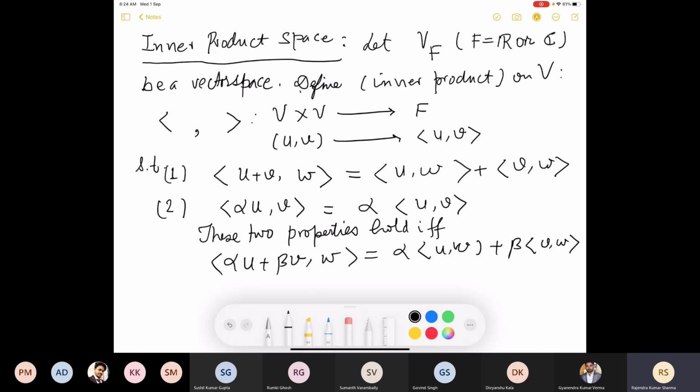Naturally, you can see that if this holds, then you can put alpha and beta as 1, and you get property 1. And if you put beta as 0, alpha as 1, you get property 2.